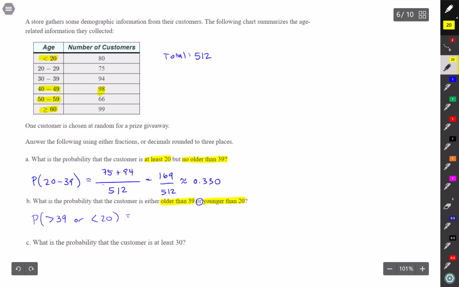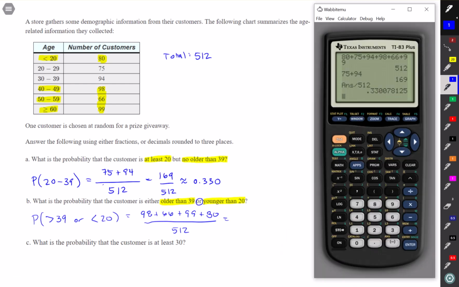So these numbers here plus that number there. So this would be 98 plus 66 plus 99 plus 80 all over the total number of folks in the survey. So let's see what we come up with.